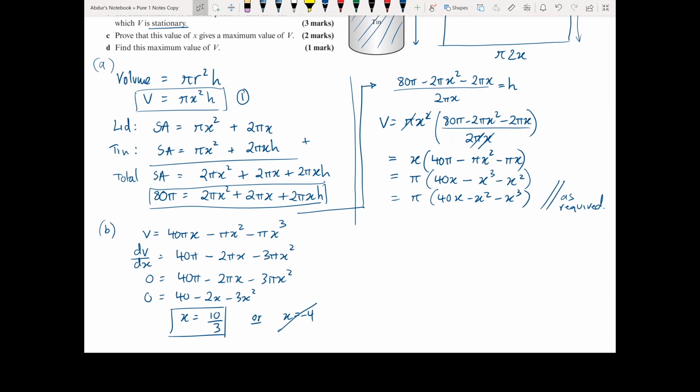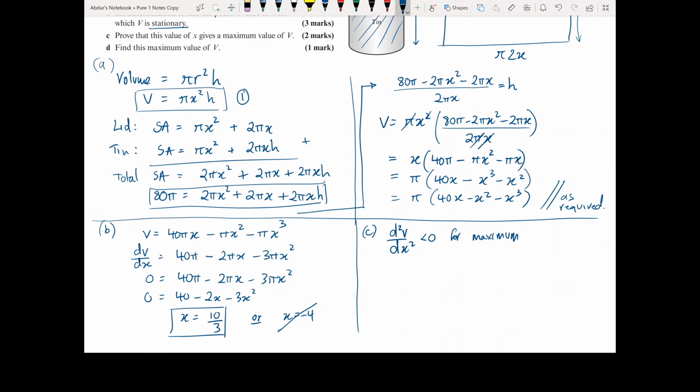Part C of the question. So part C then goes on to say, prove that this value of x gives a maximum value. Now we know maximum value is when the second derivative, d2v by dx squared, is less than 0. So let's go and write that down first, since that's what we're trying to show. So let's go and find the second derivative.